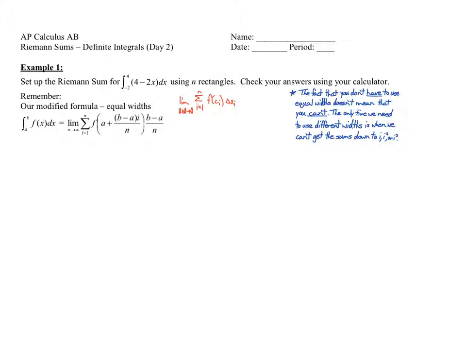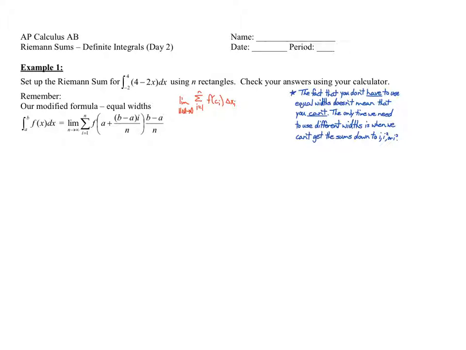For our purposes, unless you're told what to use for C sub I, just do equal widths. We're not going to get into the more complex thing unless you're specifically told to. But what we're going to do here is practice just one more, starting from the integral notation.